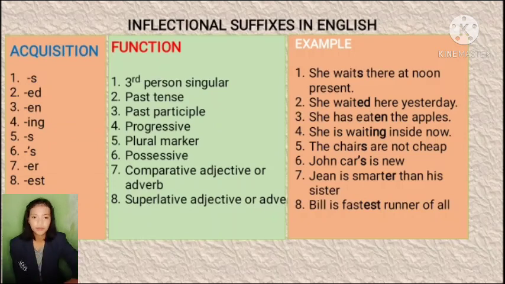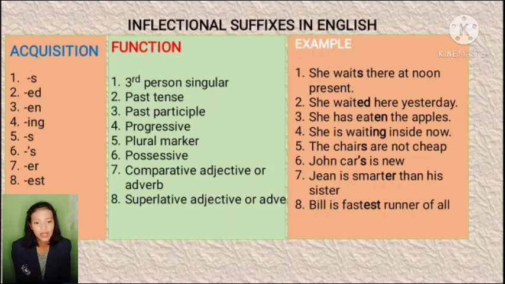First, plus -s, second, plus -ed, third, plus -en, fourth, plus -ing, fifth, plus -s, sixth, plus -'s, seventh, plus -er, eighth, plus -est. Their functions: first, third person singular; second, past tense; third, past participle; fourth, progressive; fifth, plural marker; sixth, possessive; seventh, comparative adjective or adverb; eighth, superlative adjective or adverb.